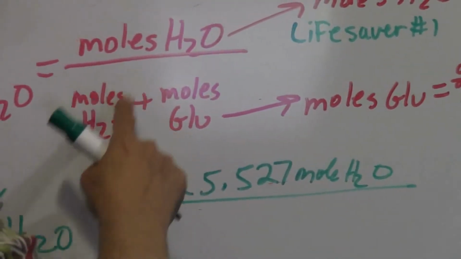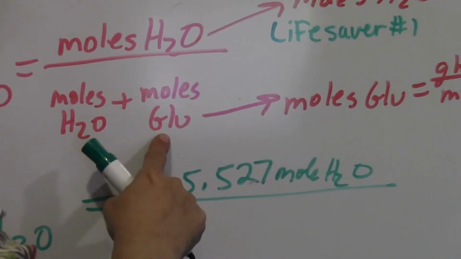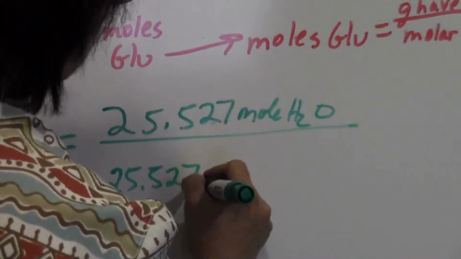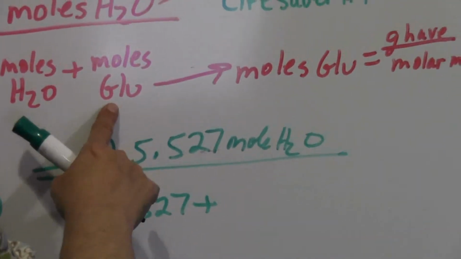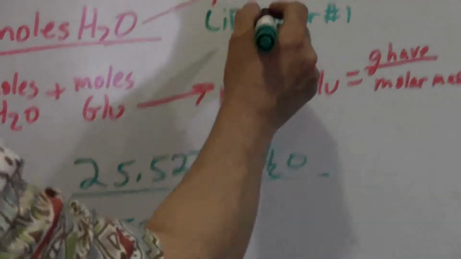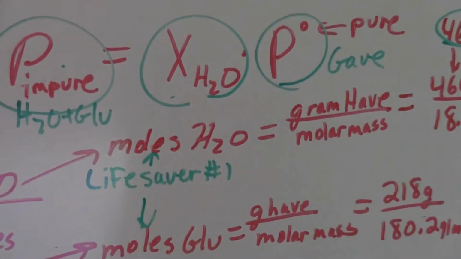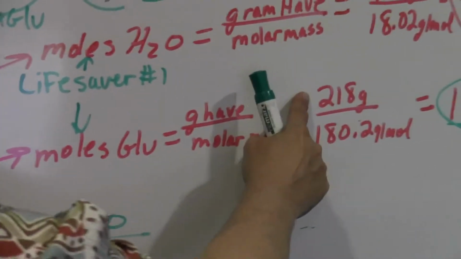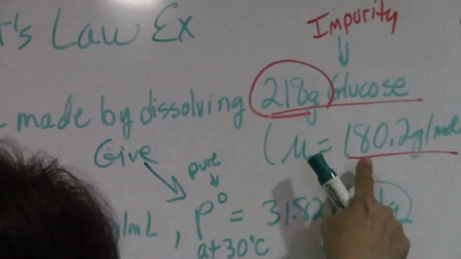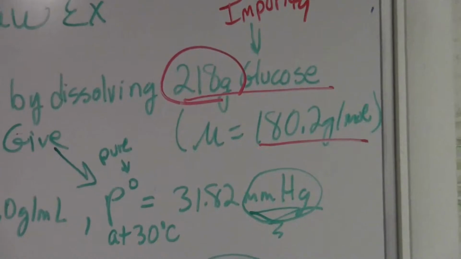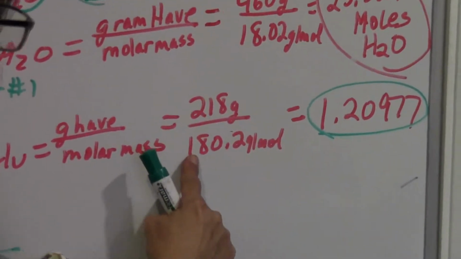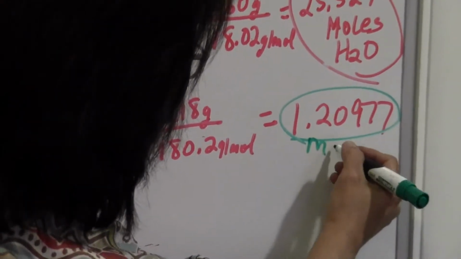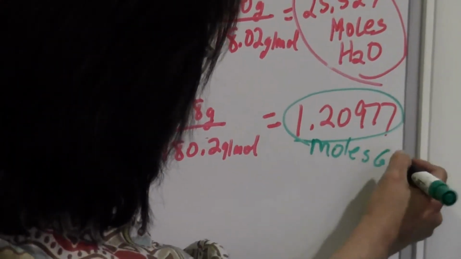Now underneath we're going to have moles of water plus moles of glucose. So I'm going to rewrite that number down here. To figure out moles of glucose, again, lifesaver number 1. Moles equal grams you have over molar mass. Grams of glucose we have 218, and there's our molar mass. 218 over 180.2, we have 1.20977 moles of glucose.